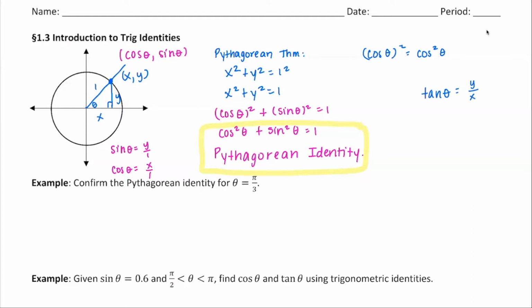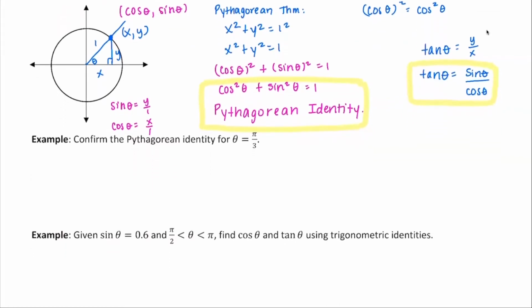But since we've gone ahead and rewritten y and x as sine and cosine, we can also rewrite tangent as y, which is sine, over x, which is cosine. So this is another identity that we are going to be using today. Again, we're just rewriting tangent in terms of sine and cosine. So let's go ahead and look at our first example.